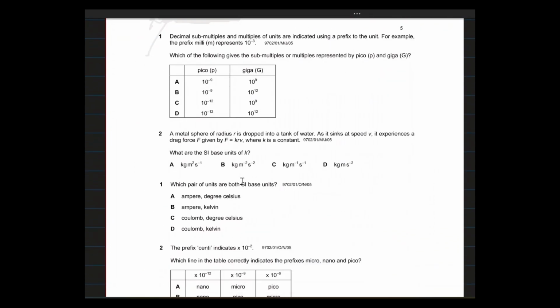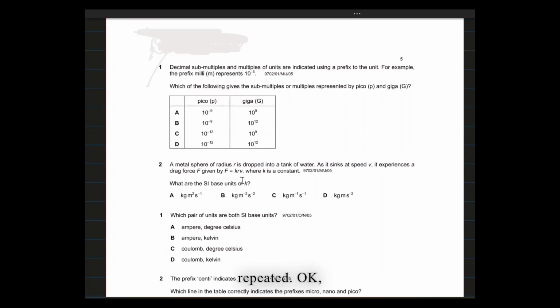This one is repeated. This one question: a metal sphere of radius R in a tank of water at speed v. Then we have the given drag force. You just need to identify what the symbol represents, which quantity.